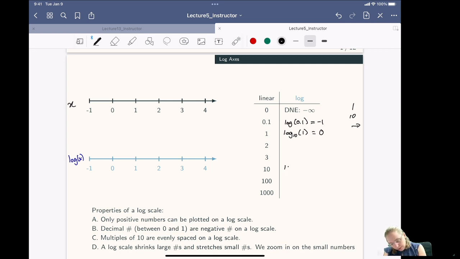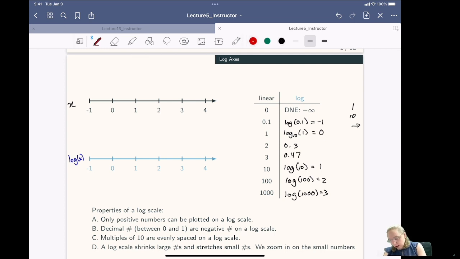Log base 10 of 10 is equal to 1. Log base 10 of 100 is equal to 2, and log base 10 of 1000 is equal to 3. Log base 10 of 2 is equal to 0.3, and log base 10 of 3 is 0.47.